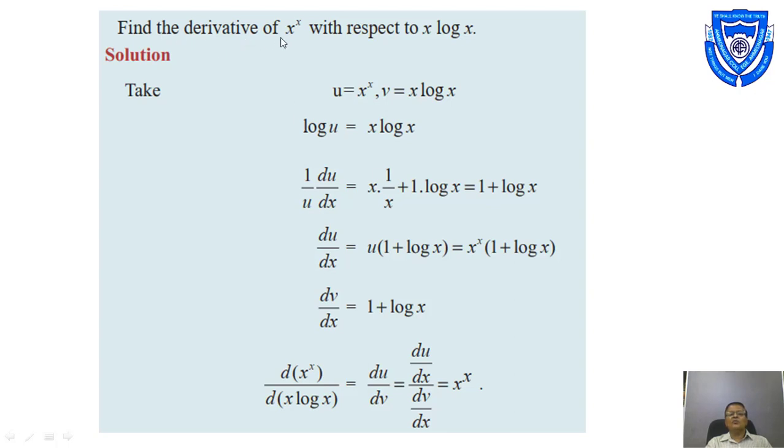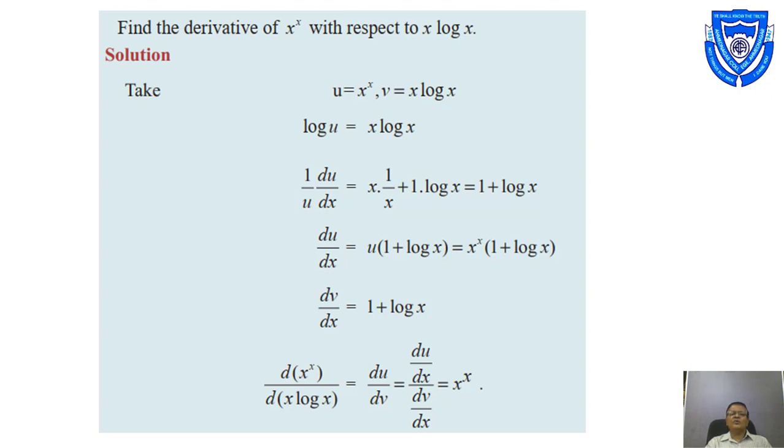Find the derivative of x raised to x with respect to x log x. This is called the derivative of a function with respect to another function. This is the same as parametric differentiation. So we call this x raised to x as u and x log x as v.